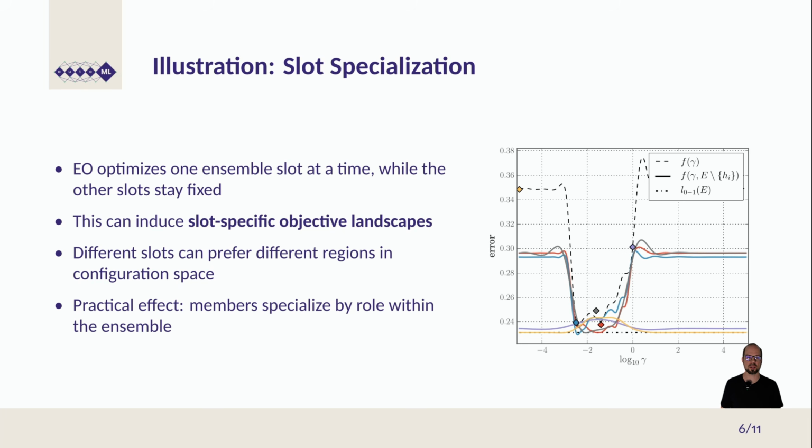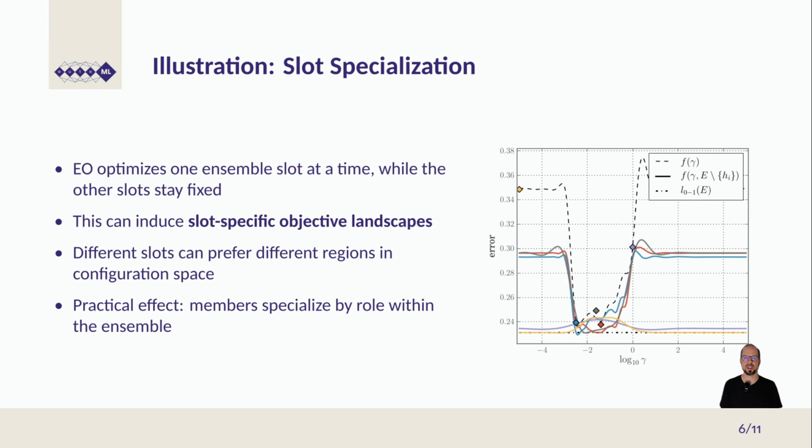So we can see that the two behave rather differently. And this also leads to the fact that different ensemble members or ensemble slots can specialize on different regions of the search space. Here we see an illustration of a search with 5 ensemble members. And each of the differently colored lines represents removing one member at a time, and seeing for the whole search space from -5 to 5 how this configuration, when added to the ensemble, influences the error.